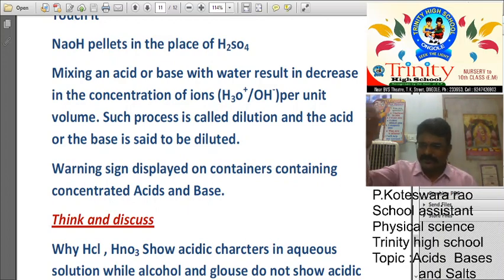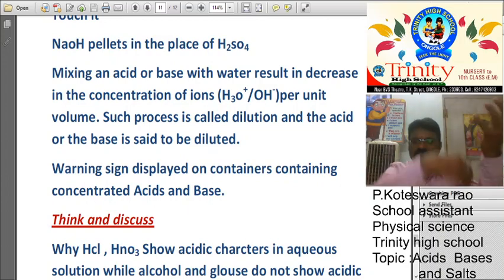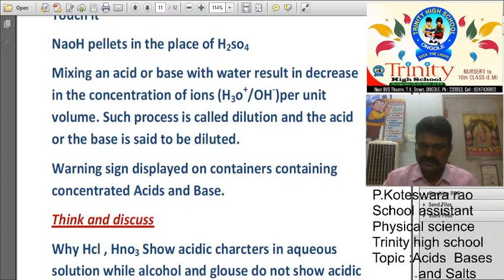But if you add water to the acid or base, this method is wrong. It can produce a lot of heat. Sometimes the chemical splashes out, may fall on our hands and cause severe burning. If the local heating makes the test tube burst, the chemical falls on our faces and surroundings, and it may cause fire.